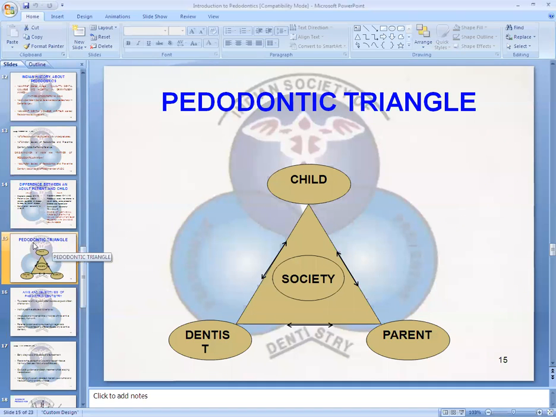We have seen the pediatric triangle, which involves the parent also. So it is triangular in shape, but the adult patient is linear in shape, as only the dentist and patient are involved. The child patients are very dynamic, and the adult patients are static.